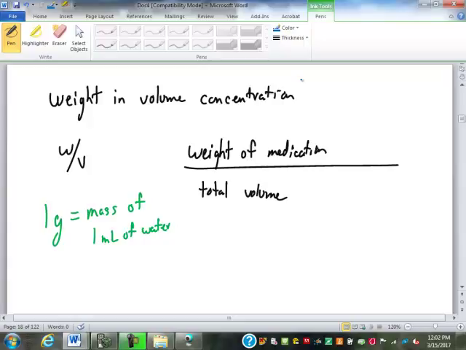But on average, they're pretty close to the mass of water, the density of water. So we equate 1 gram to 1 milliliter. So when we're doing a weight in volume concentration like this, the weight must be measured in grams and the volume in milliliters.